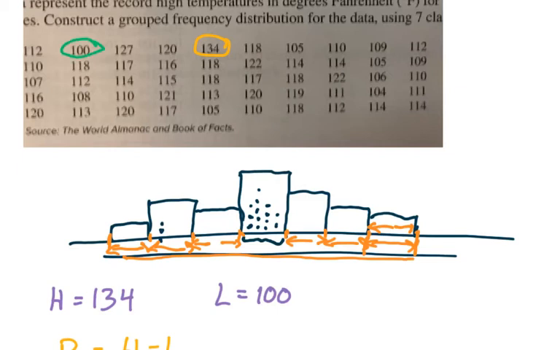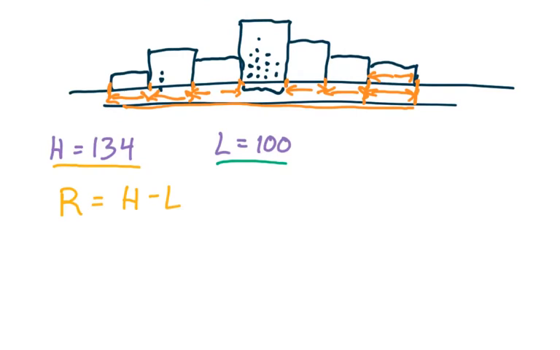There it is. Found it. So we have the high value of 134, the low value of 100. The range, that's what R is, the highest value minus the lowest value. So it's 134 minus 100 gives us 34 exact.